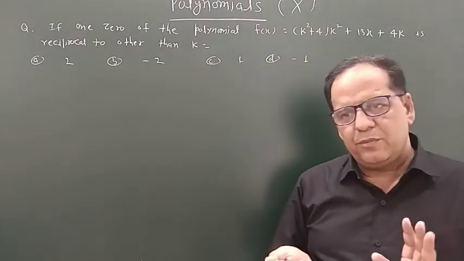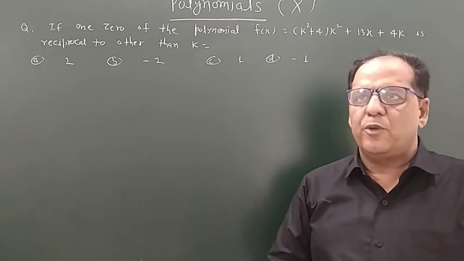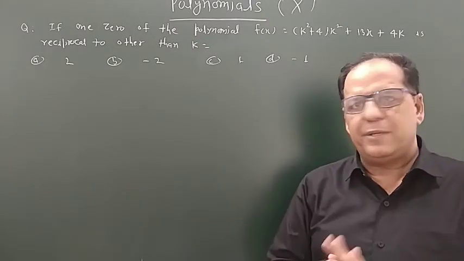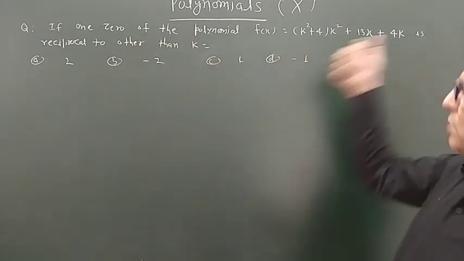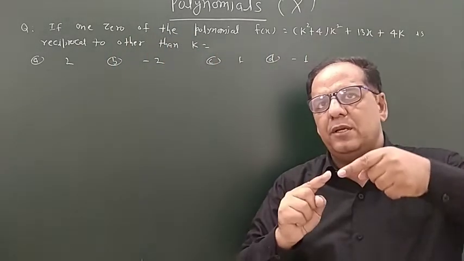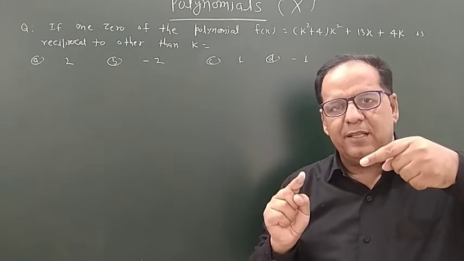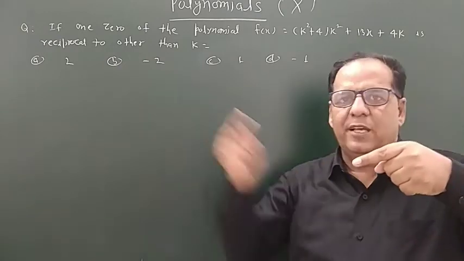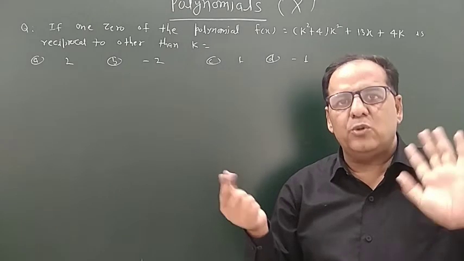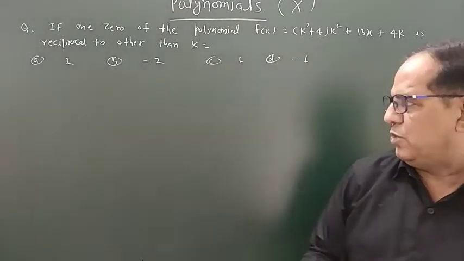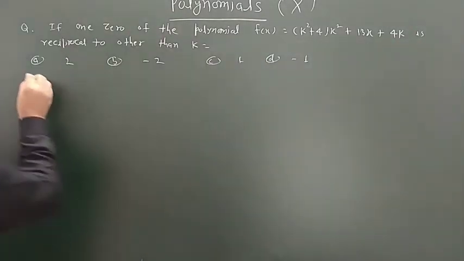If we assume the two zeros of this polynomial are alpha and beta, and it is given that one zero is reciprocal to the other, that means if one zero is alpha, then according to the question, the second zero will be 1 upon alpha. So we use this concept in this type of questions. Solve.